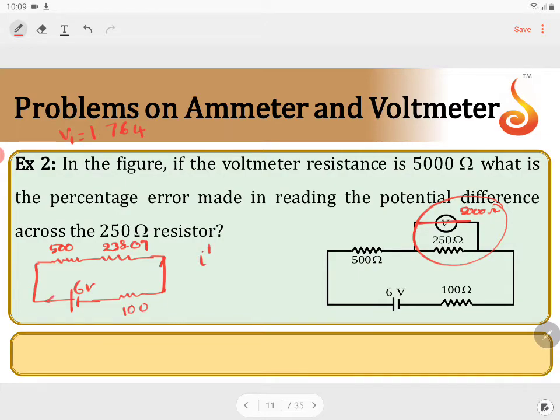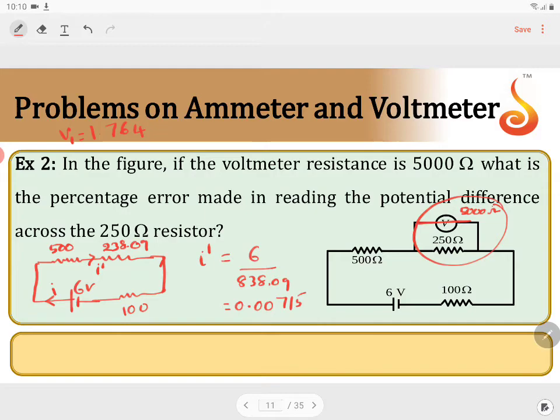The current in the loop is equal to total EMF by total resistance. What is the total resistance? 600 plus 238.09 is 838.09. So this will be equal to 6 divided by 838.09, which is 0.00715. This is the electric current.